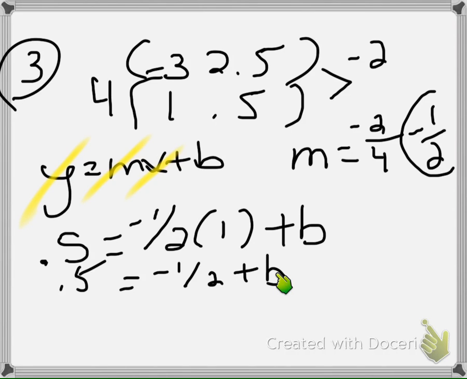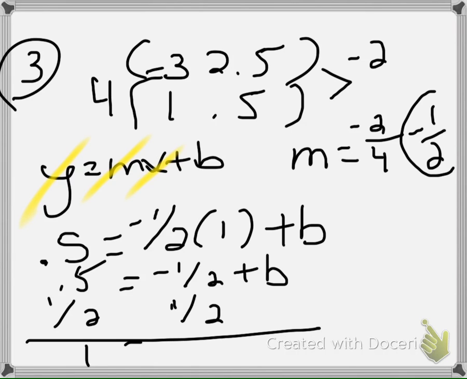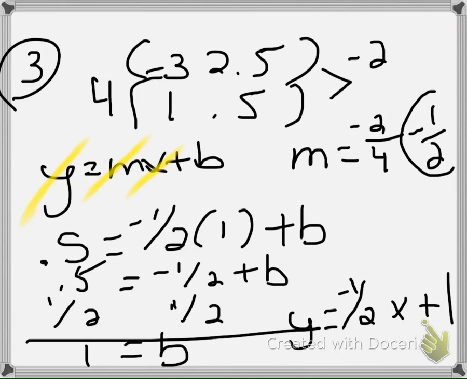To get the b by itself, I'm going to have to add a half to both sides. That's the opposite of subtracting 1/2. That's going to give me 1 equals b. So my equation is y equals negative 1/2 x plus 1.